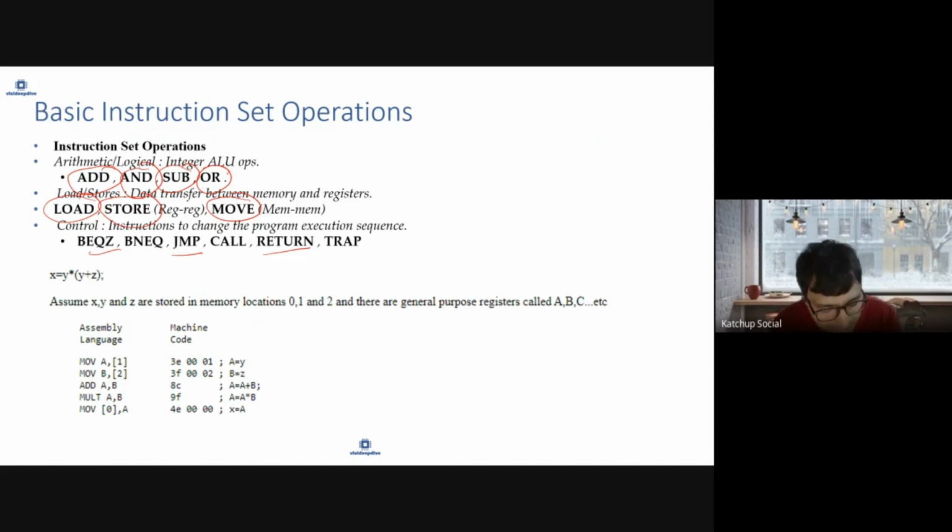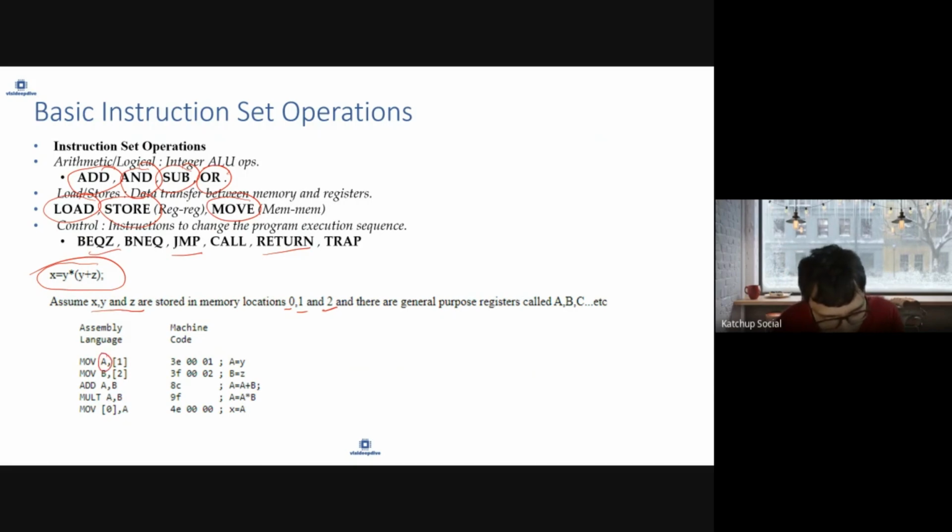Now, for example, let's say you have C-level code which does this operation: x equal to y multiplied by y plus z. And let's assume x, y, z are stored in memory locations 0, 1, and 2. So a typical assembly language code can be like move.